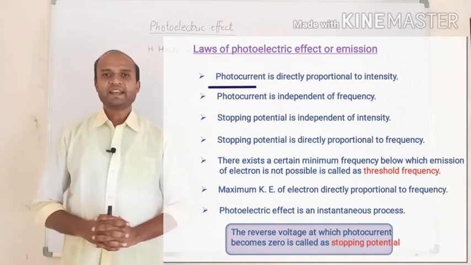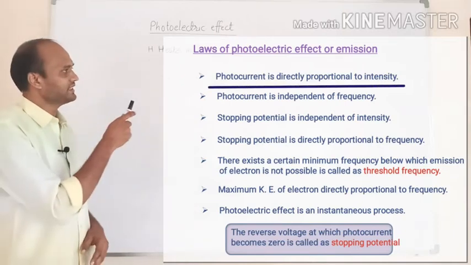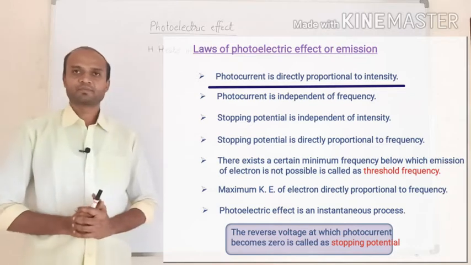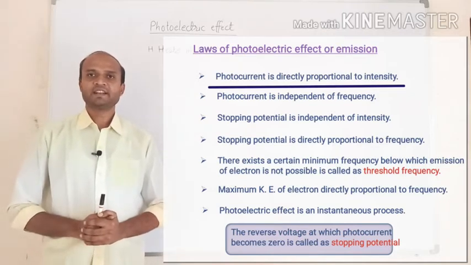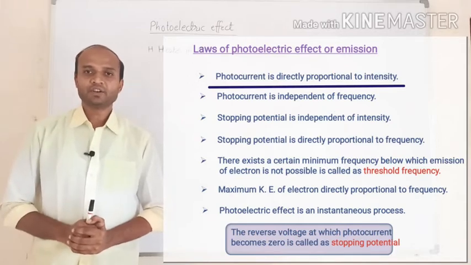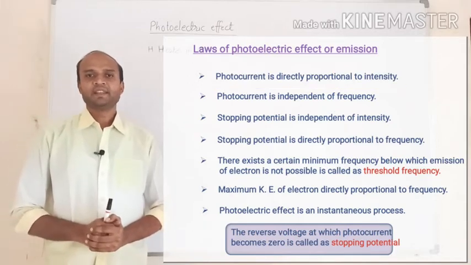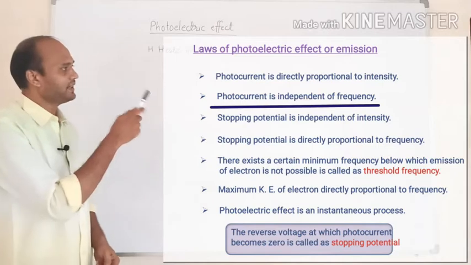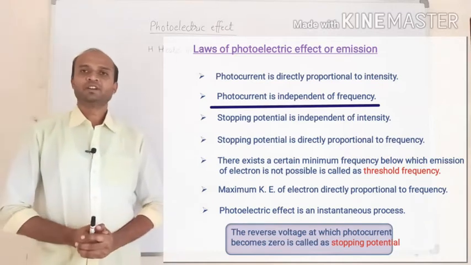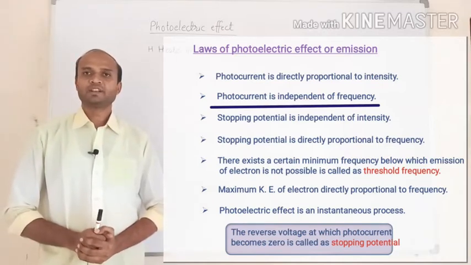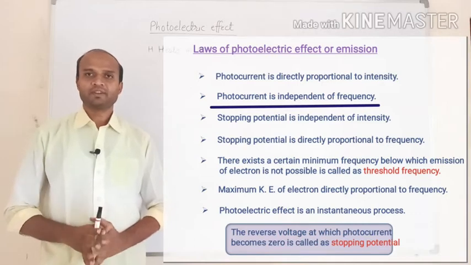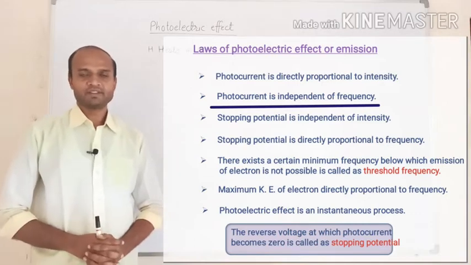Photocurrent is directly proportional to the intensity of light. Then photocurrent is independent of the frequency of the incident light; it does not depend on frequency.